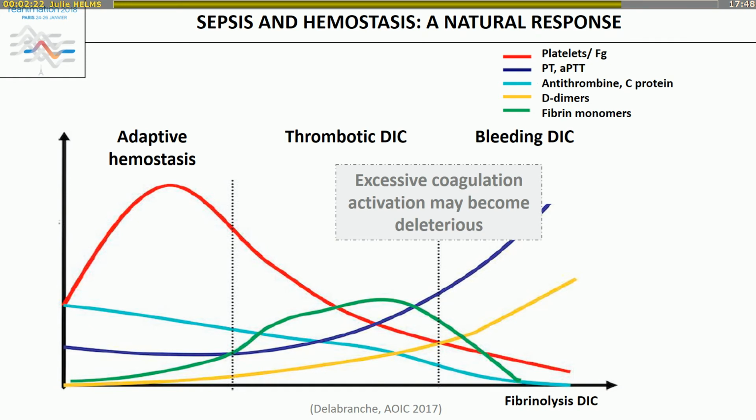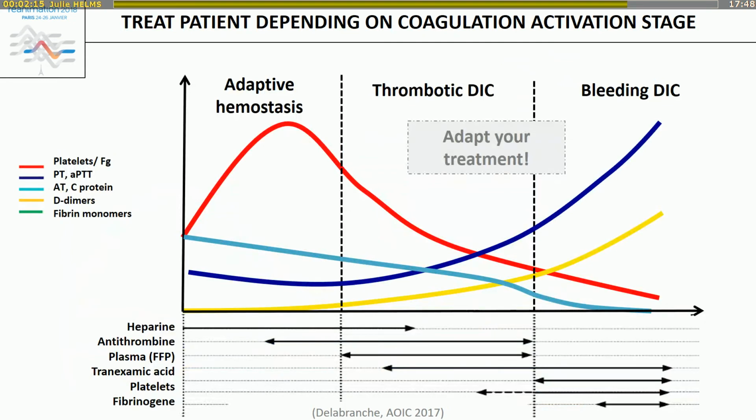From this graph, we can easily understand that we should not treat all our patients the same way. At the adaptive phase of hemostasis, we should probably respect the activation of coagulation. At the thrombotic phase of DIC, we should prevent thrombotic complications by anticoagulating our patients. And finally, at the bleeding stage of DIC, we should not anticoagulate our patients.